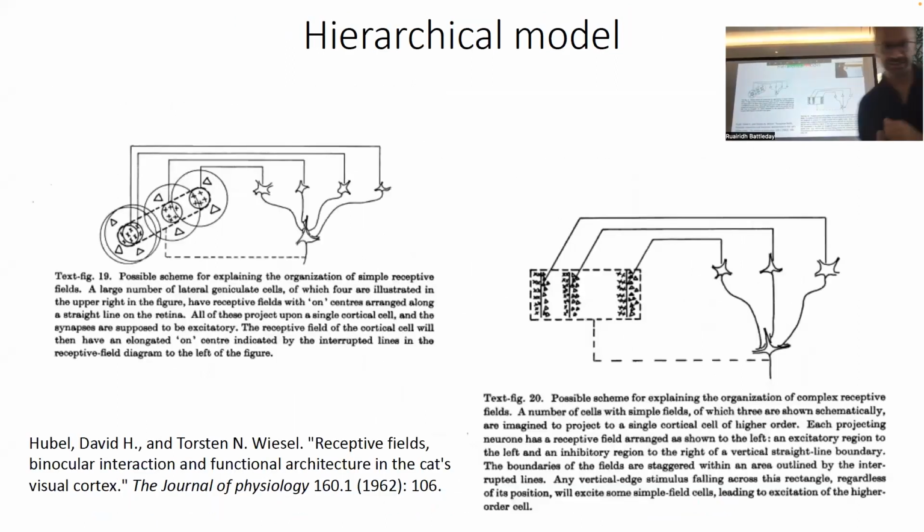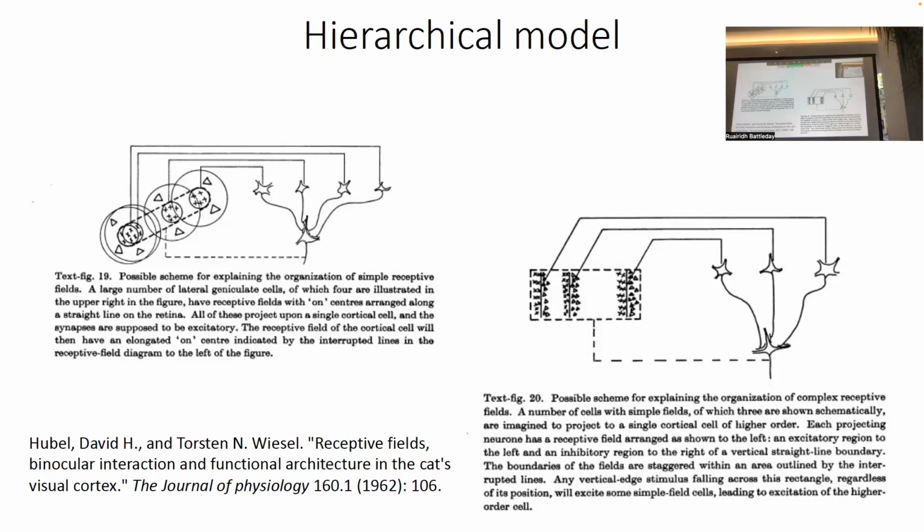So Hubel and Wiesel, based on the response properties, thought that the simple and the complex cell follow a hierarchical model. You see on the left that LGN neurons that are aligned in a specific orientation are connected to a neuron in V1, and that gives the response properties of the simple neurons.